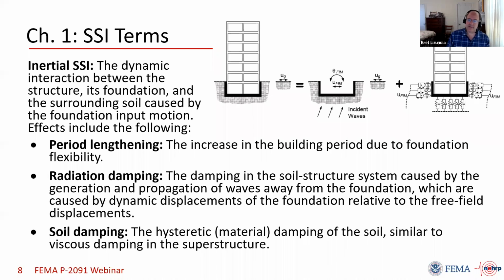Radiation damping has to do with how that soil structure interaction and the propagation of waves to and from the foundation, and it's related to how things are moving in the ground. And in the building code, they're actually separated into two different processes and sets of equations, and you can add them together.